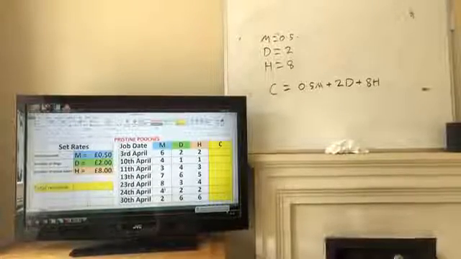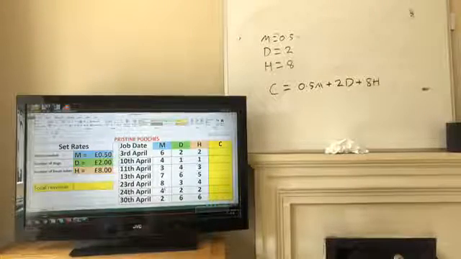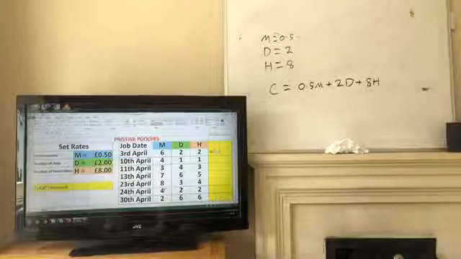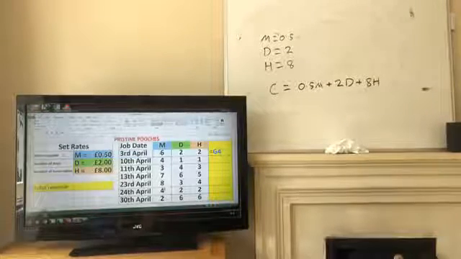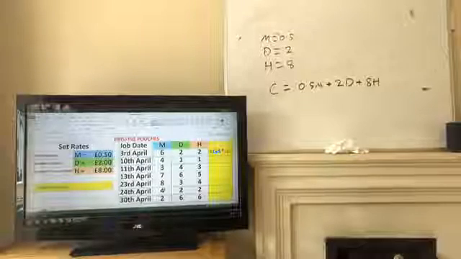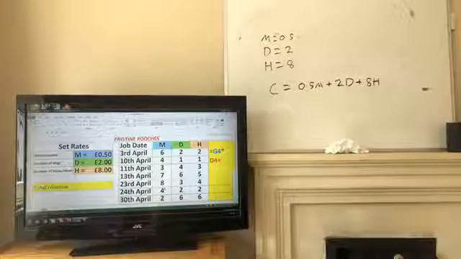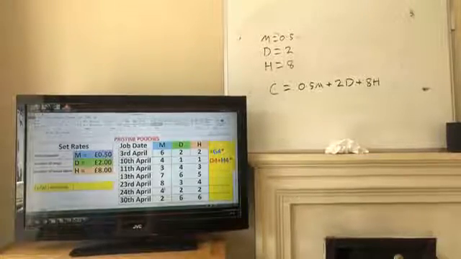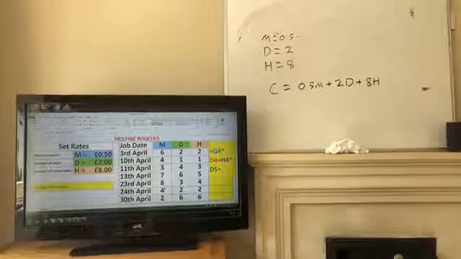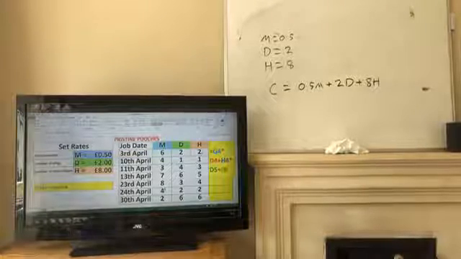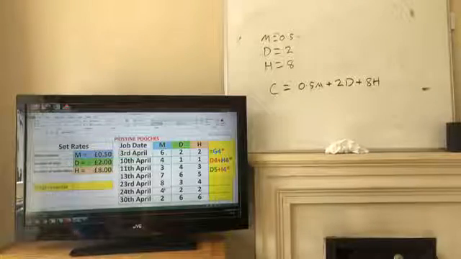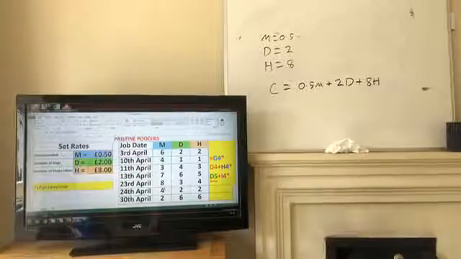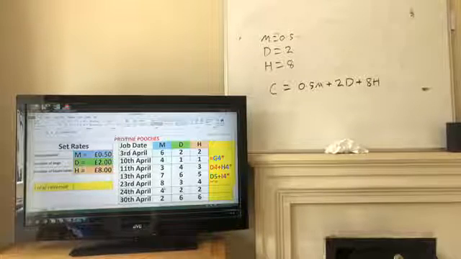I'll click here, and I'll go, well, I want to do a formula, so I press equals. And I want to do 6, which is what I said it was going to be, times by my cost per mile. Then I'm going to add to that number of dogs, times by my dog cost. I'm going to add to that number of hours, times by my hourly cost. Okay, and I'm just going to do something just to make sure this can scroll down. Don't worry about this bit.